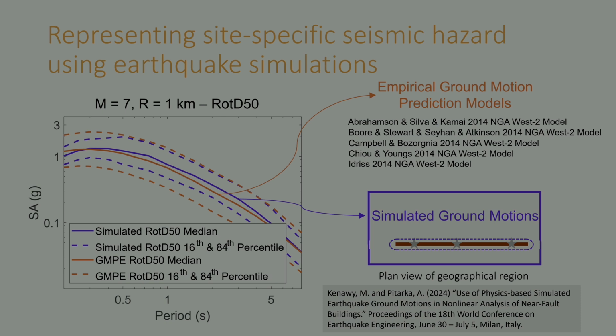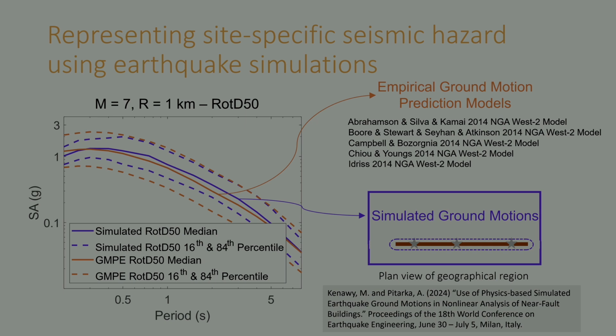There were a lot of talks about this earlier. Are the models right? Are the simulations doing better? I'm not going to go into that again. But what is important to know here is, to me, there are two phases of looking at these ground motions over the past years. The first was reality checks against observations, against recordings, and also against empirical models.